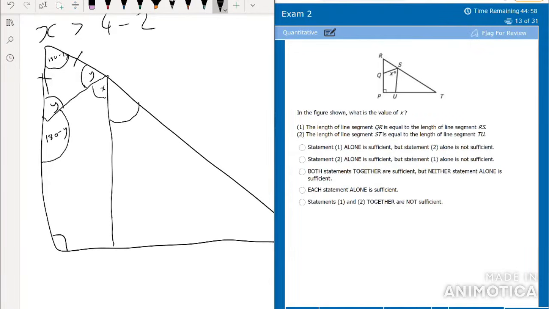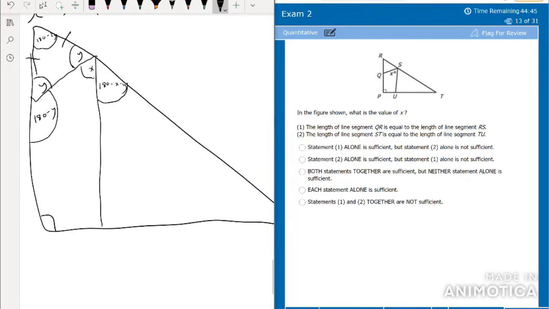And this one, oh, this question's a bit nasty, isn't it? This one is 180 minus X minus Y, which also tells us, so this alone isn't going to be enough.